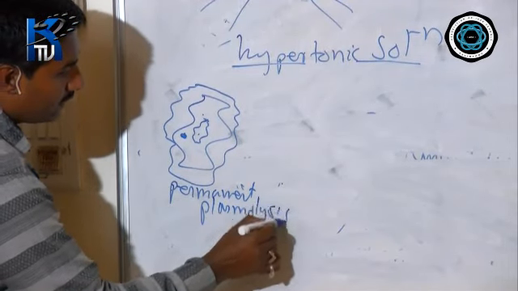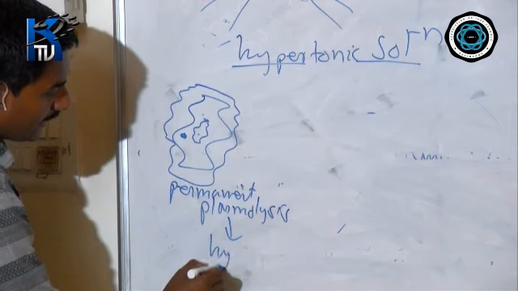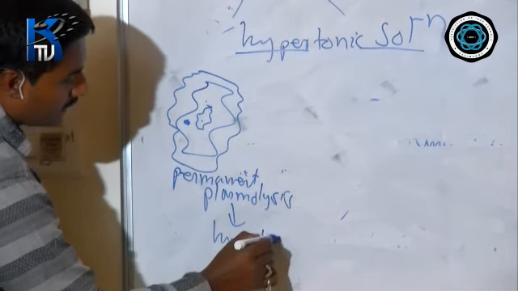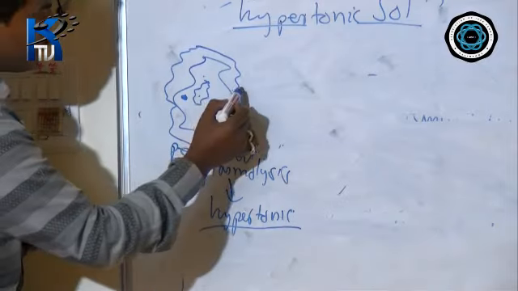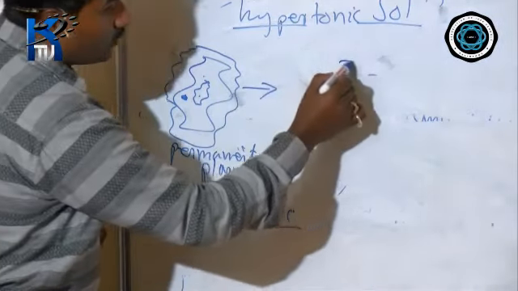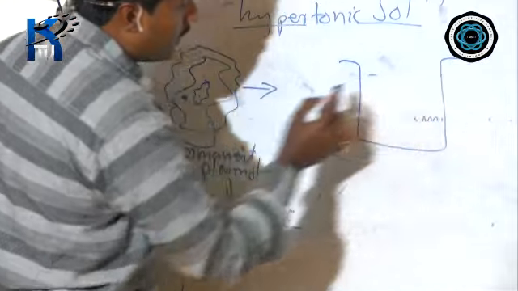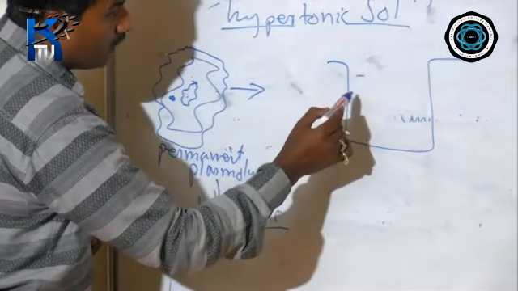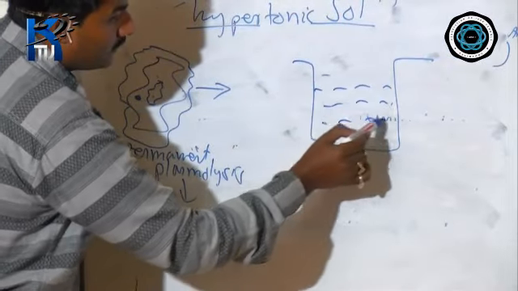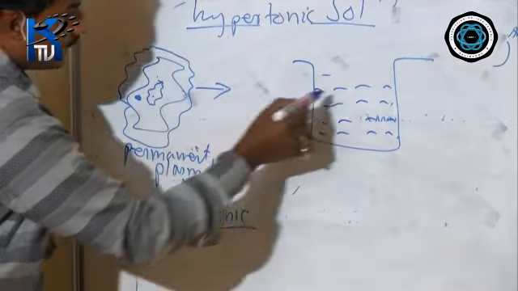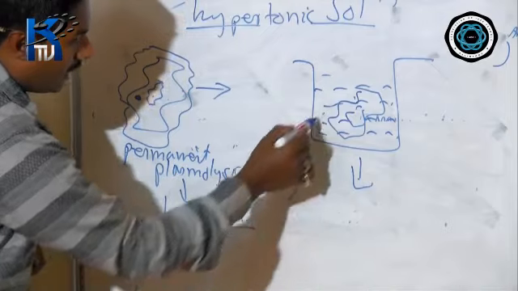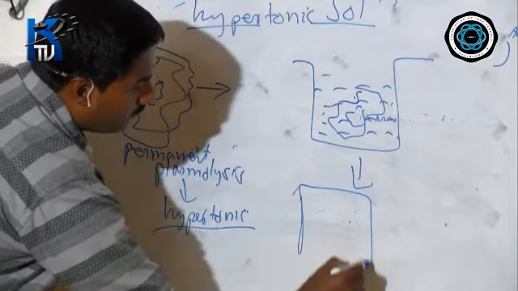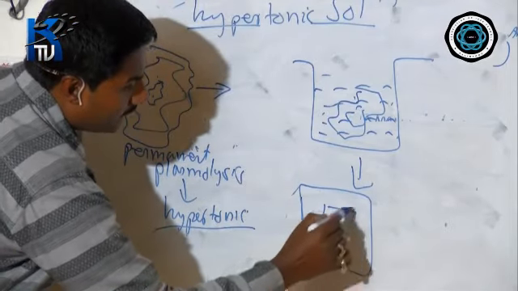Now this cell was in a hypertonic solution. If this cell is again put back into normal water, a hypotonic solution, what will happen? Again this cell will become turgid in nature.